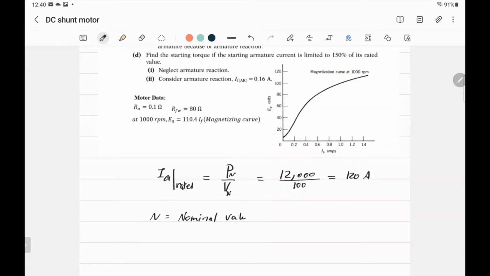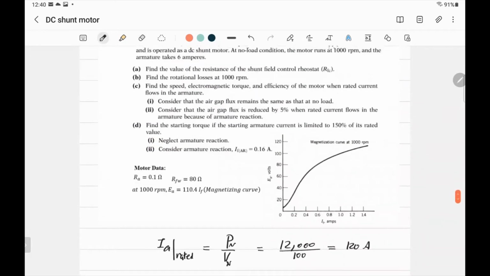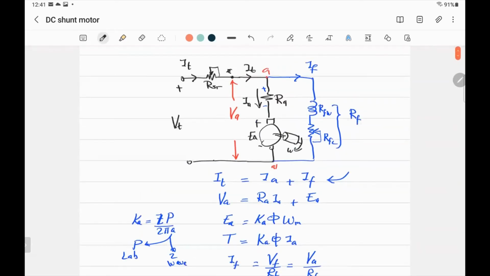Okay. So now we want to find the resistance of the shunt field. You got resistance for the field winding, and you got resistance for the control one in the field, the rheostat.